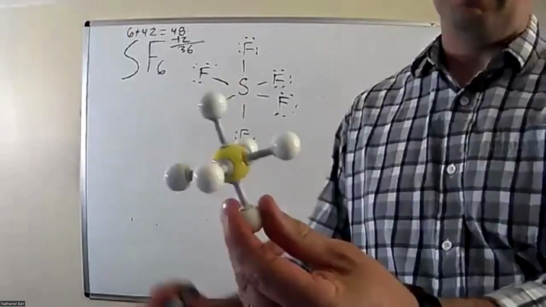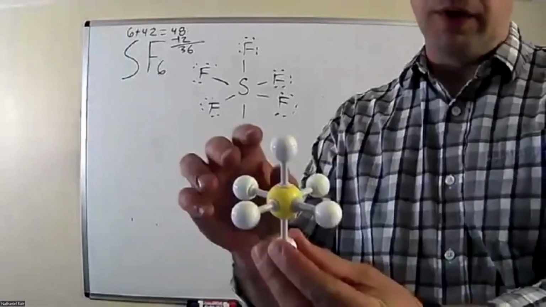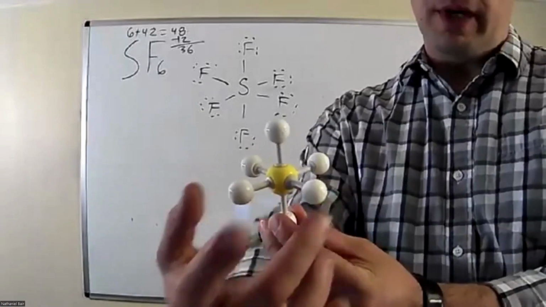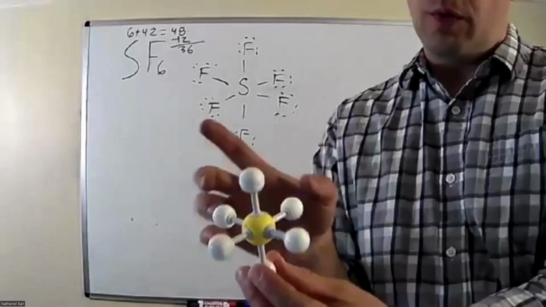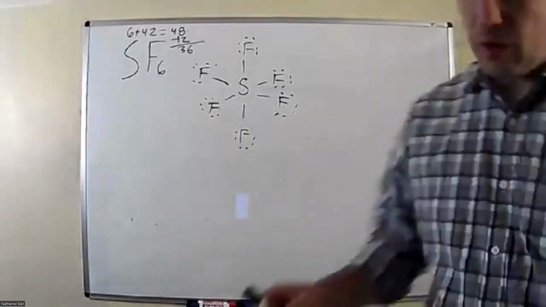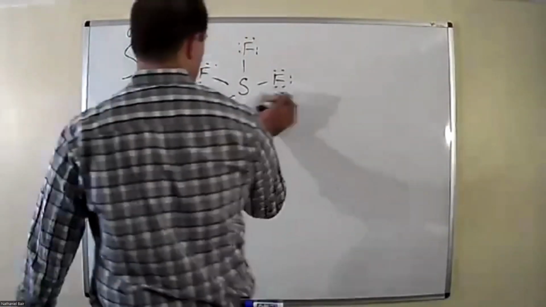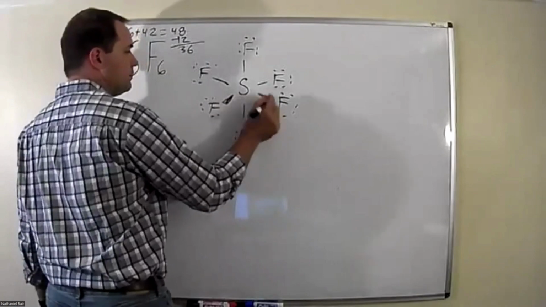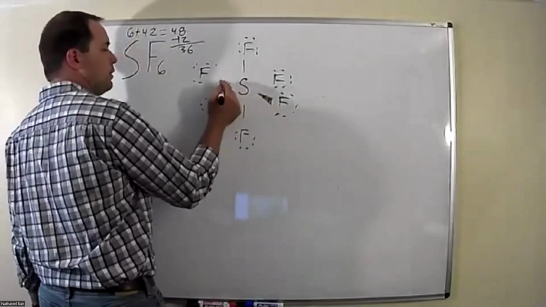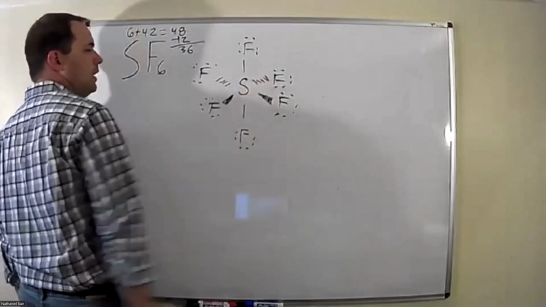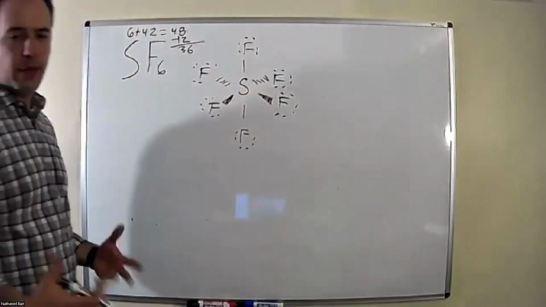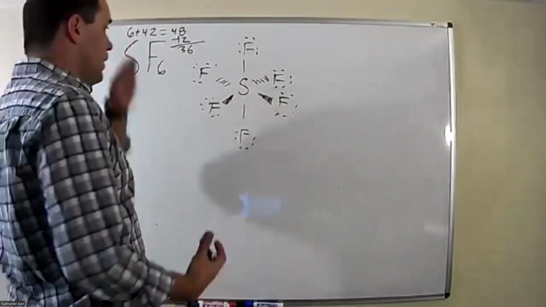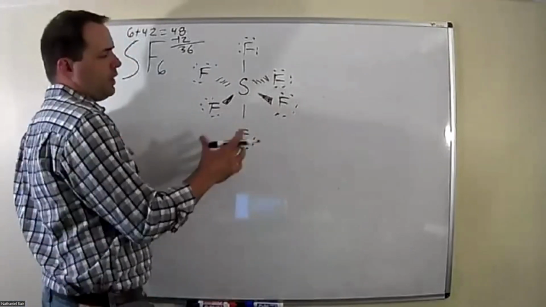So the best way to do this is to wedge the front 2 and dash the back 2. And you can show some three-dimensionality to this now.